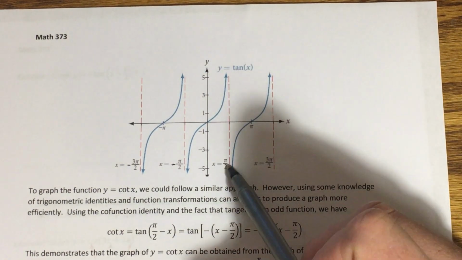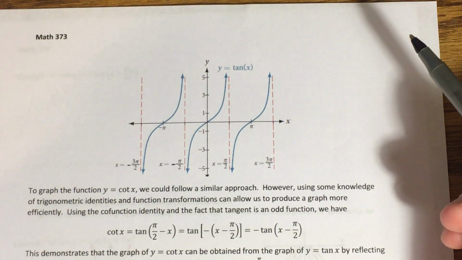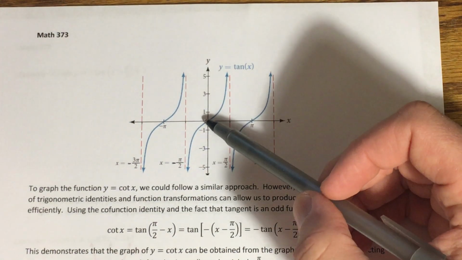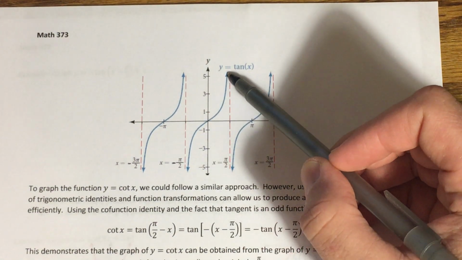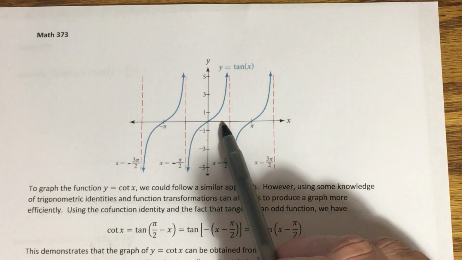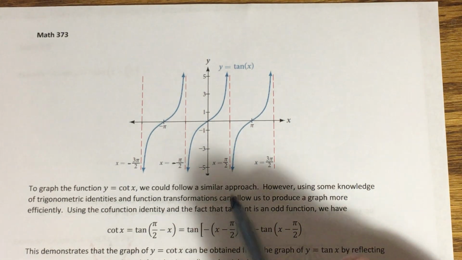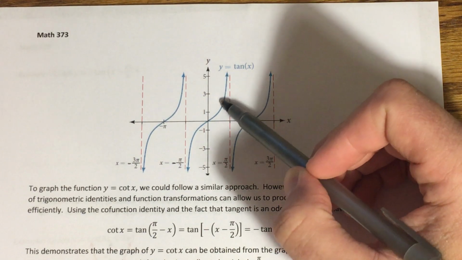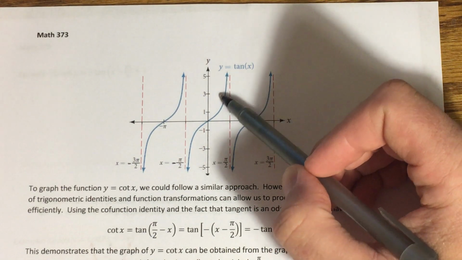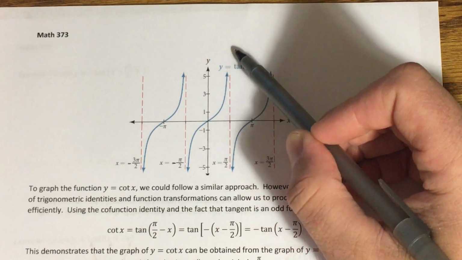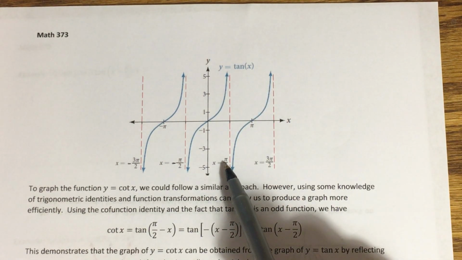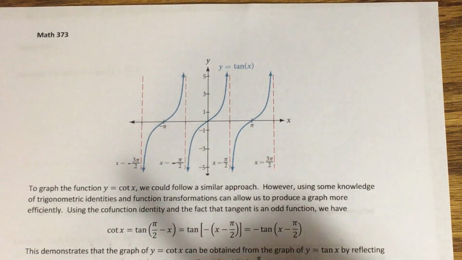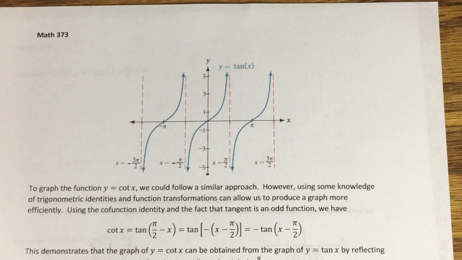It says pi over 2, but in degree measure, that would be the same thing as 90 degrees. Our tangent function is getting larger and larger as our inputs approach pi over 2. So that's why we see this graph approaching that red line, but it's never going to cross it. Because if it did cross it, then there would be a point on this graph with an x-coordinate of pi over 2, which we are not allowed to use in our tangent function.